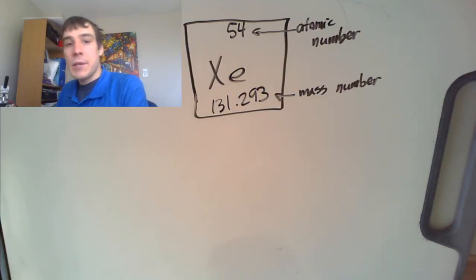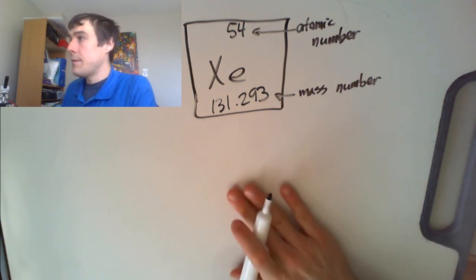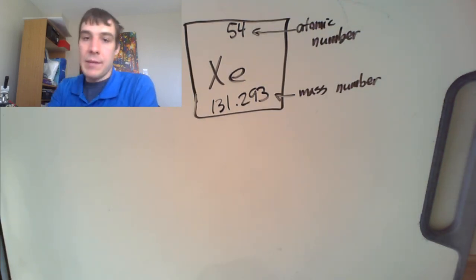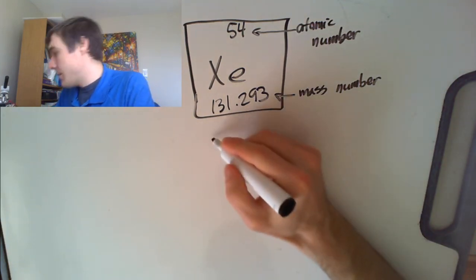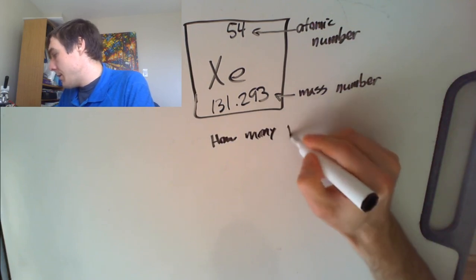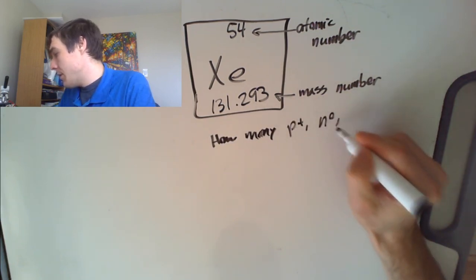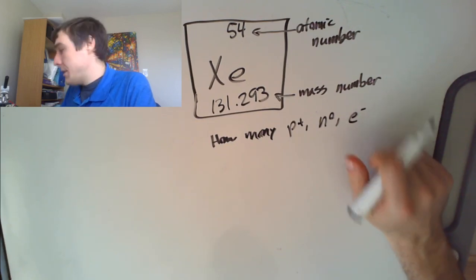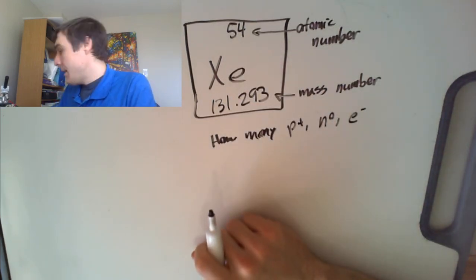Okay, so I'm back off pause, and we're on the whiteboard here. We're going to talk about how many protons, neutrons, and electrons xenon has.